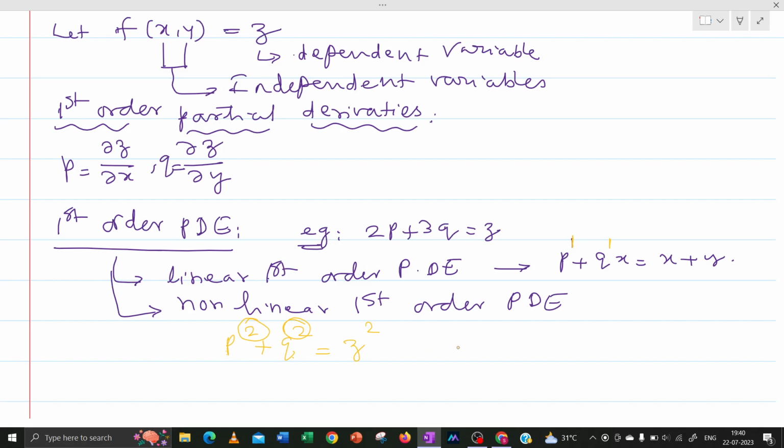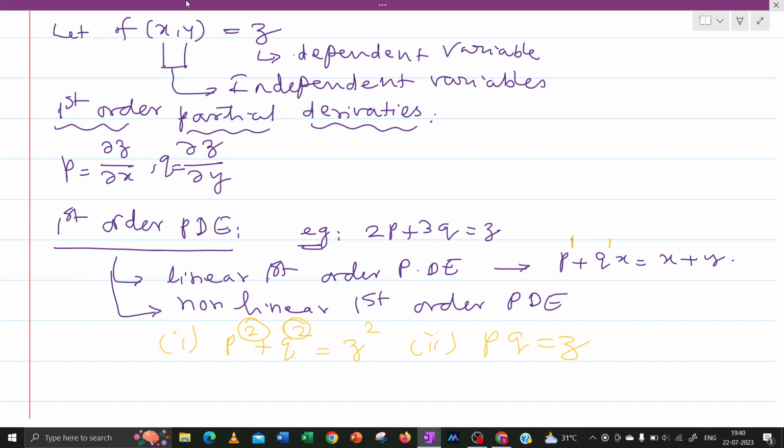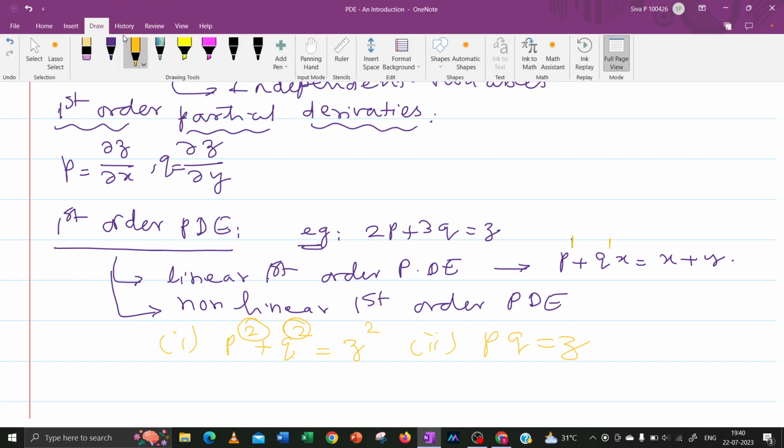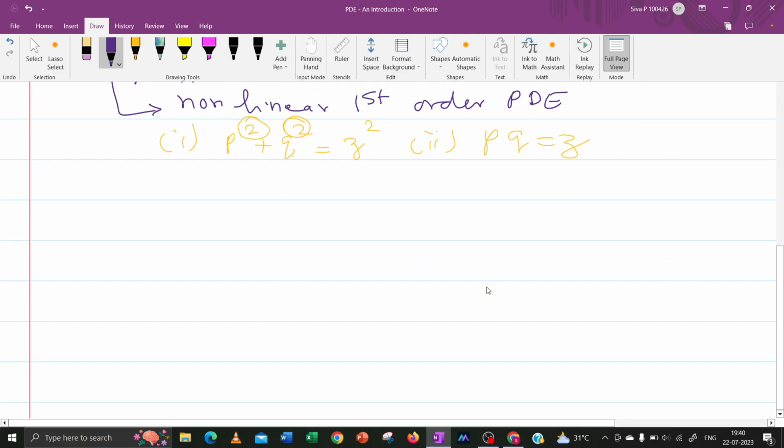Likewise, if there is a product of p and q, as in the second example, pq equal to z, then this is also a non-linear first order PDE. If the dependent variable is multiplied with the derivatives, that is also a non-linear partial differential equation.